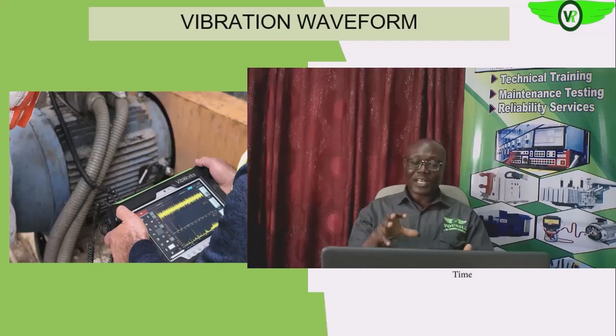If you are able to identify all of these forcing functions when the equipment is working fine, when changes are happening, you'll be seeing them on each analysis that you carry out on each vibration measurement that you go out to the field to do.